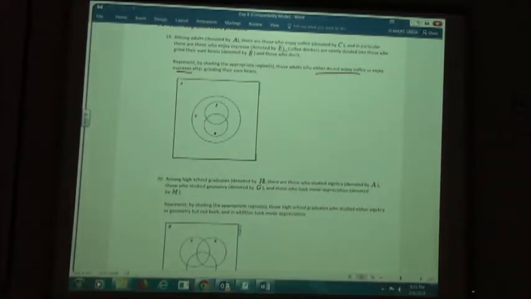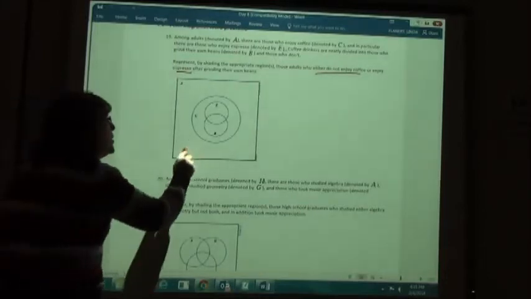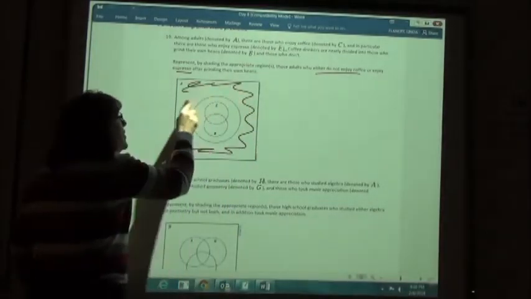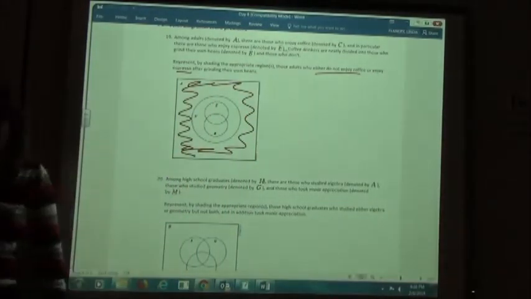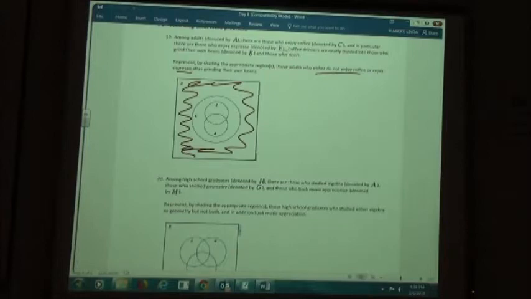So since this is an or, we're going to shade them each separately. If I do not enjoy coffee, where would I shade? I would shade all this part on the outside of the coffee circle, right? All the A part outside of the coffee. So we've got the part where they do not enjoy coffee.